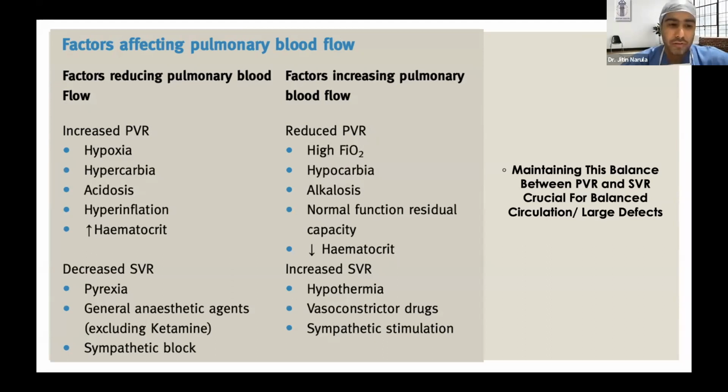And a fall in the SVR can happen with mild pyrexia, which happens post-operatively or during the course of any surgery, or as an effect of systemic anesthesia, like anesthetics like propofol or any other agent which can cause a decrease in SVR, and of course because of sympathetic blockage. So we need to be very careful about the pulmonary and systemic vascular resistance ratio in these patients who are having balanced circulation.